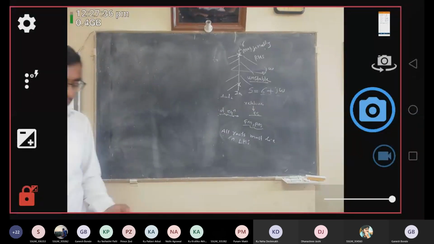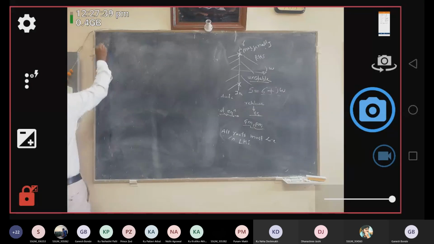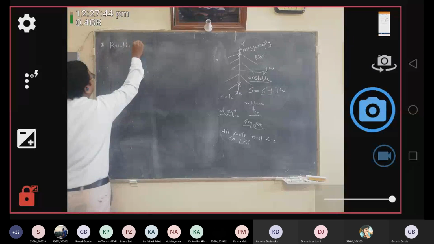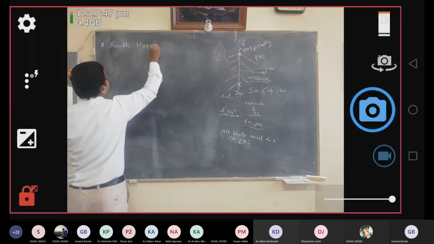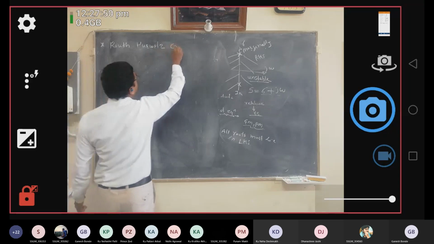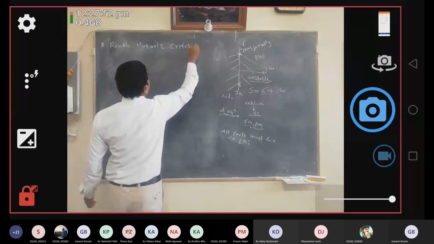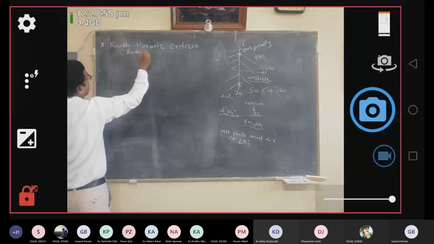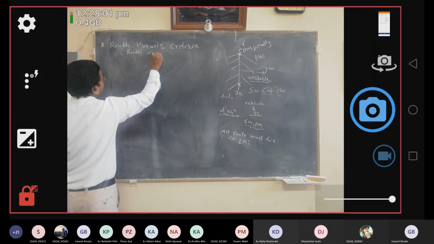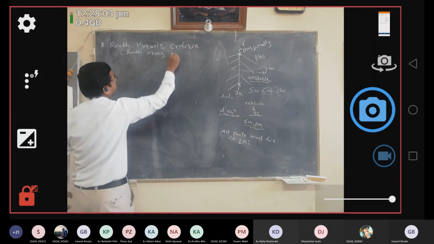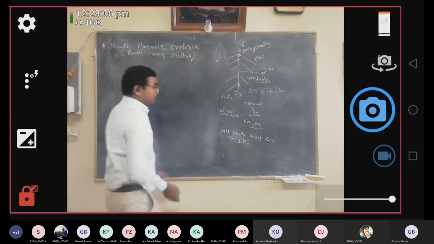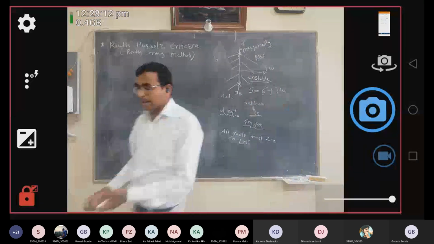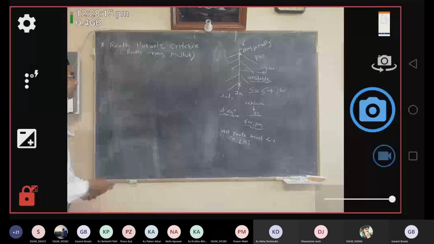Therefore, the method is called Routh Hurwitz criteria, or sometimes the Routh array method. Please understand this method, which is very important from the examination point of view.